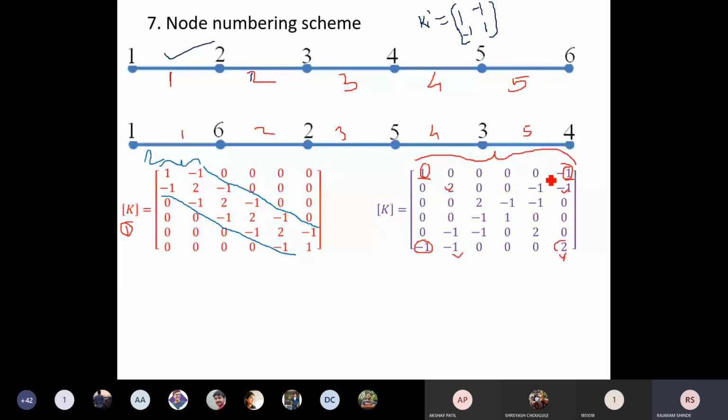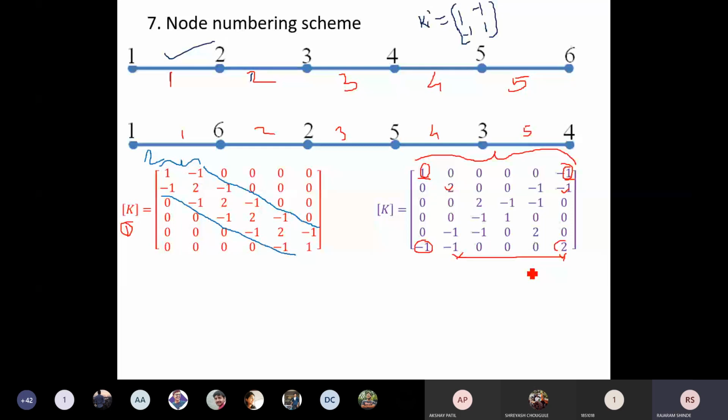Here your bandwidth is 6, because a non-zero term is here, a non-zero term is here. Do you agree with this? Okay. Now for this type of stiffness matrices, you have to store all the elements of the stiffness matrix. Okay. So if the size of the stiffness matrix is increased, then the locations required to store all the elements of the stiffness matrices are more. Okay. Do you agree with this?